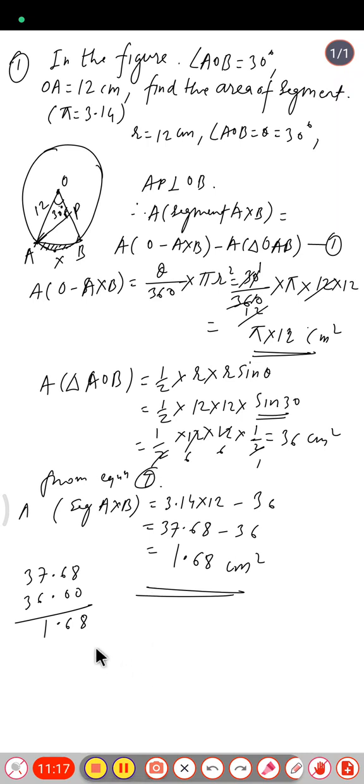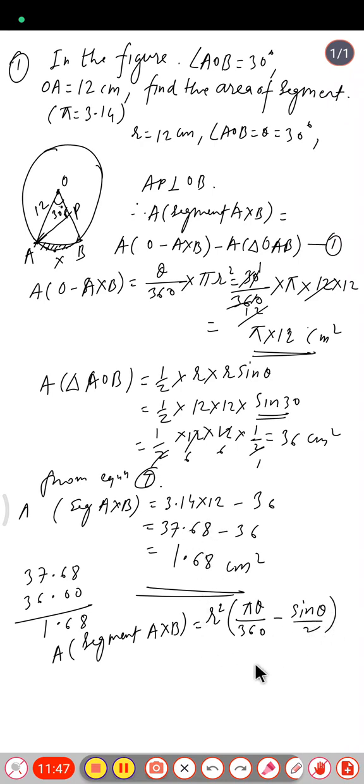You can write directly the area of segment AXB equals r square common, and inside the bracket pi theta upon 360 minus sin theta upon 2. Just put all those values here and you get the value like this.